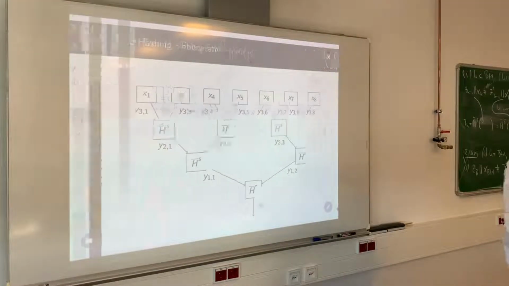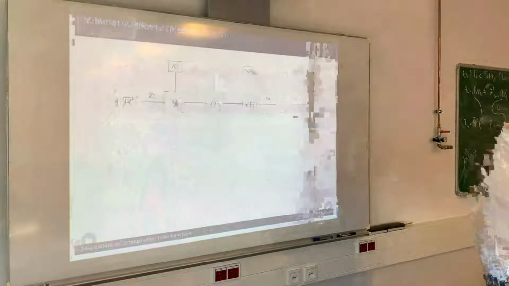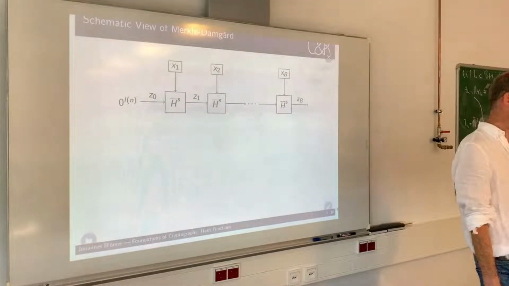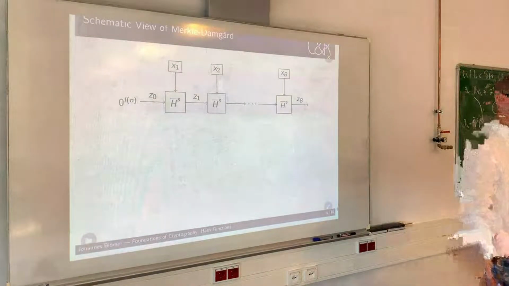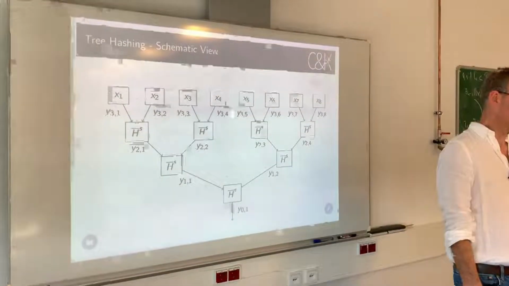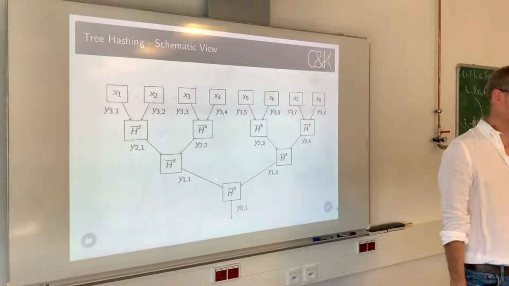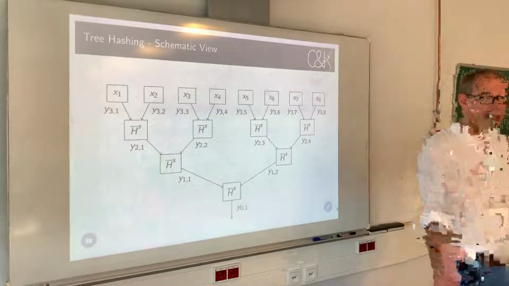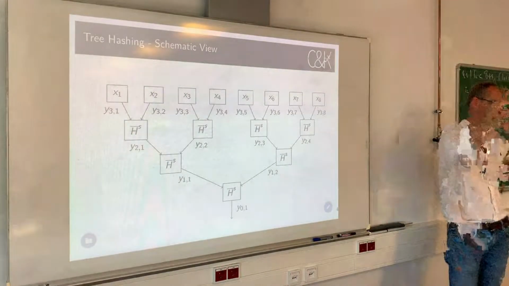If you want to do that in the previous construction, you have to change everything, because everything depends on everything else. So this here is a really nice data structure that provides integrity. This is one of the easiest cases of so-called authenticated data structures, where you outsource data and then you can check that the integrity of the data is given.